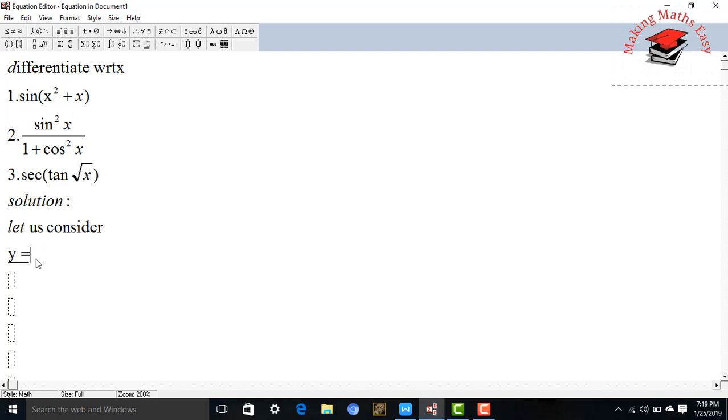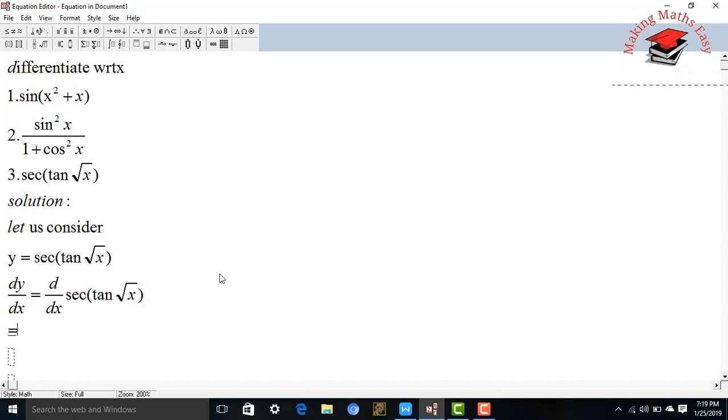So it will be y equal to sec of tan of square root of x. So my derivative, or dy by dx, will be equal to d upon dx of this particular function.